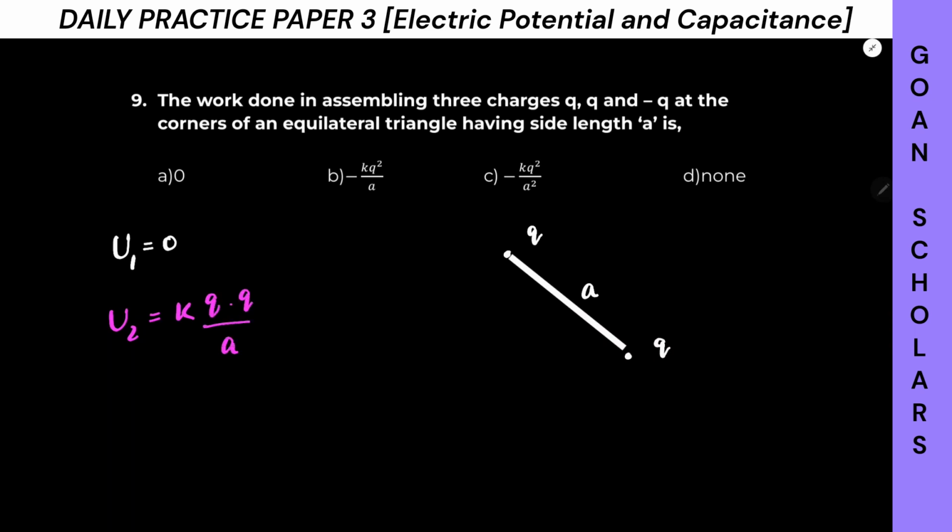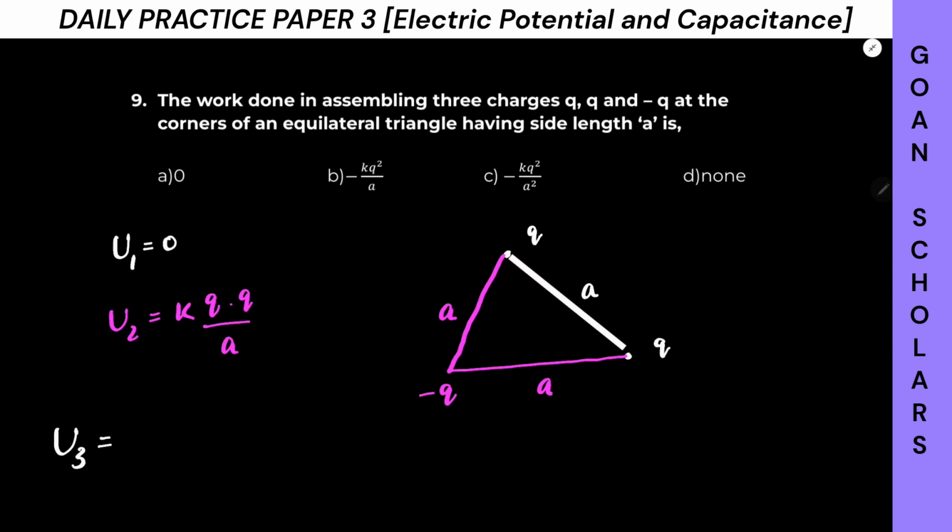Now I am placing a third charge. Where am I placing it? At a distance of A from the second charge, and at a distance A from the first one. This is also A and this is also A, and the third charge is minus Q. So what is U3?